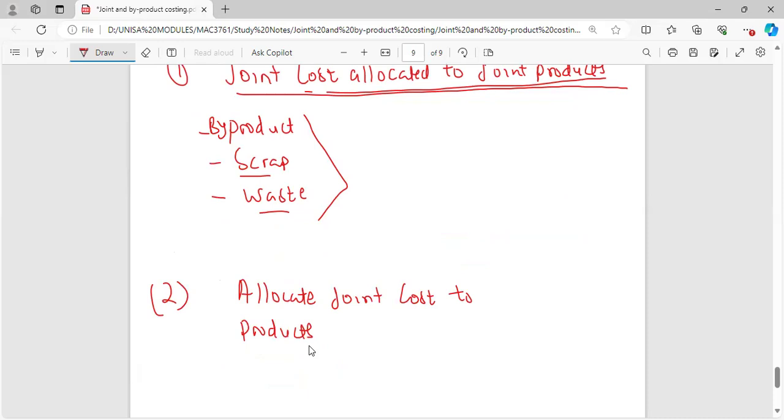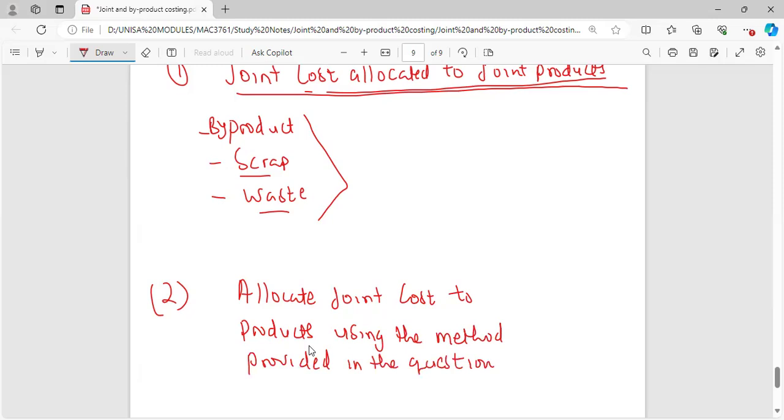The question will tell you which method to use. Right. So that's all, and that's all about joint cost.